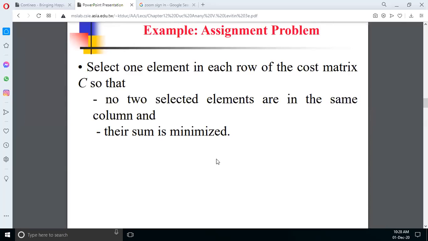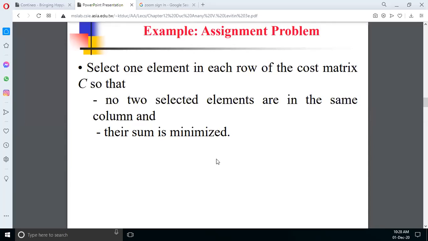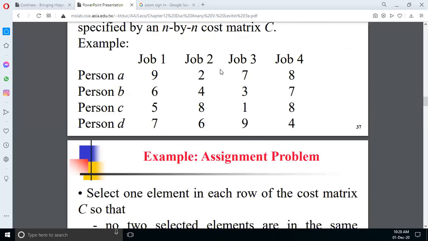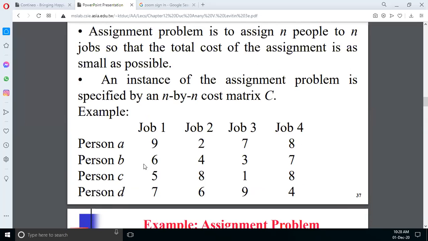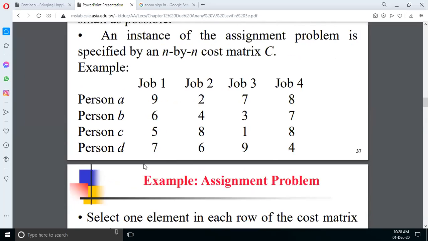If I assign person A with job 2, person B also cannot be assigned job 2, so they have to be assigned some other job. But when I talk about the cost, it should be minimal. That is all the problem is about. So let us see how to solve this problem.